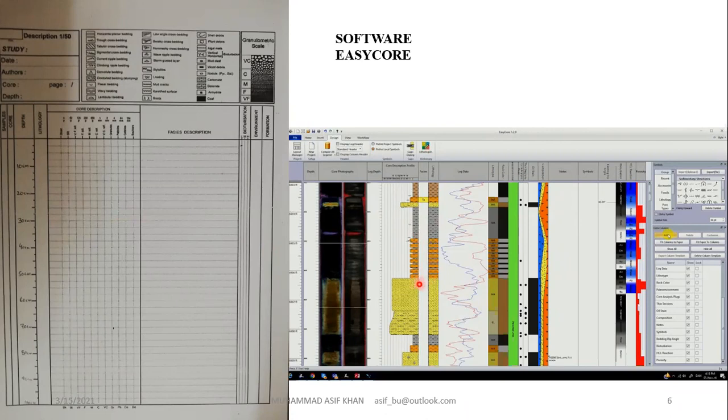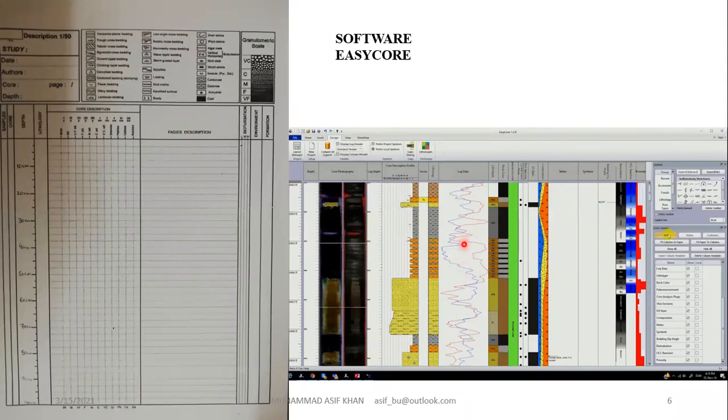So you can make lithologies, litho logs, by using the information from the core. Also, you can upload the log data in order to calibrate your core with the log data.